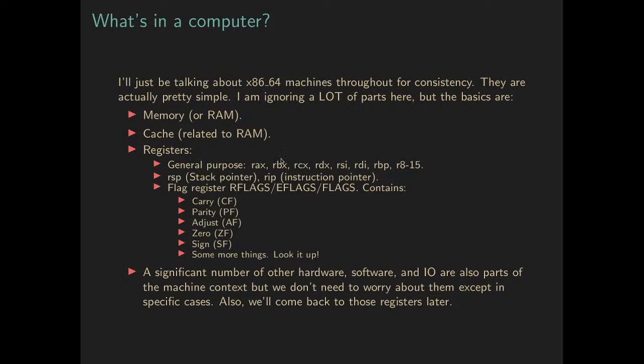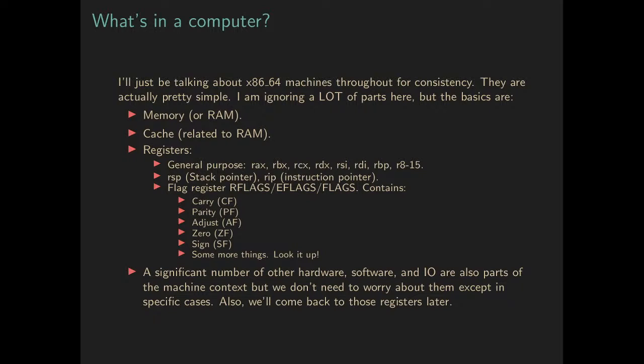So you have the general purpose registers, AX, BX, CX, DX, SI, etc. And then at some point, we just ended up numbering the registers from R8 through R15. Go figure.